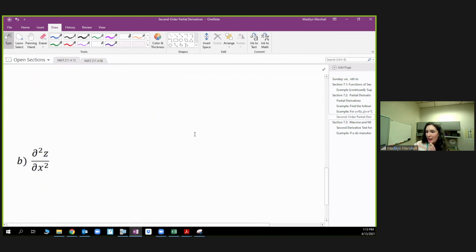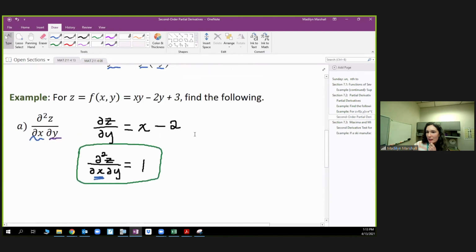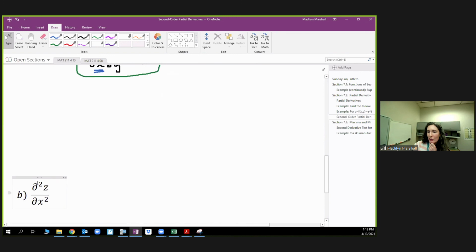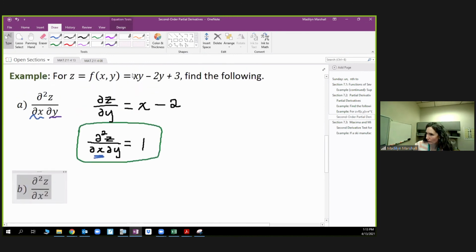Let me see what I had down here. Let's just do one more for today. So this one, B, we're doing the partial derivative with respect to x twice. Since we have an x squared in the denominator, that just means we're doing an x both times.